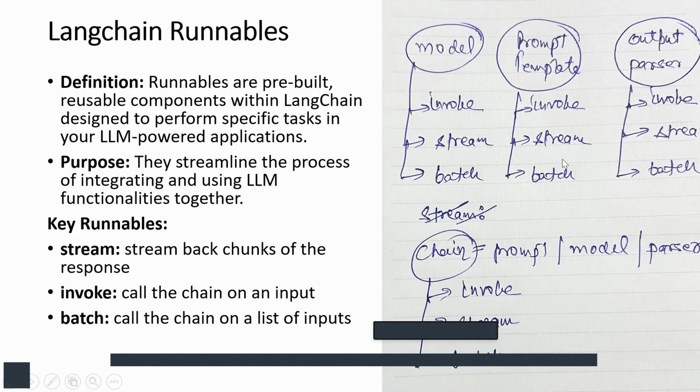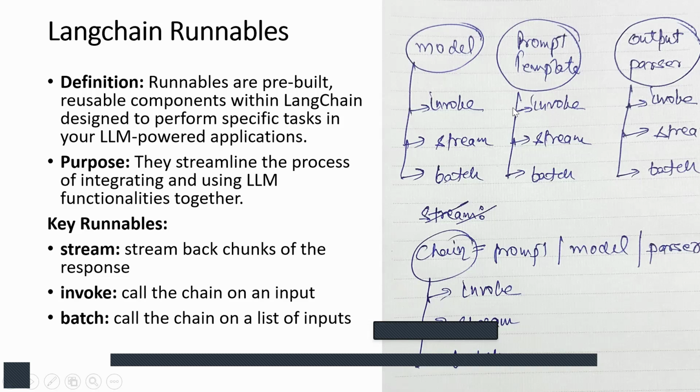So what Langchain has done is they have created a couple of methods like invoke, stream, and batch, which will be applicable to different objects in order to make some uniformity. Similarly, as I did for model and output parser, I can do for prompt template as well.